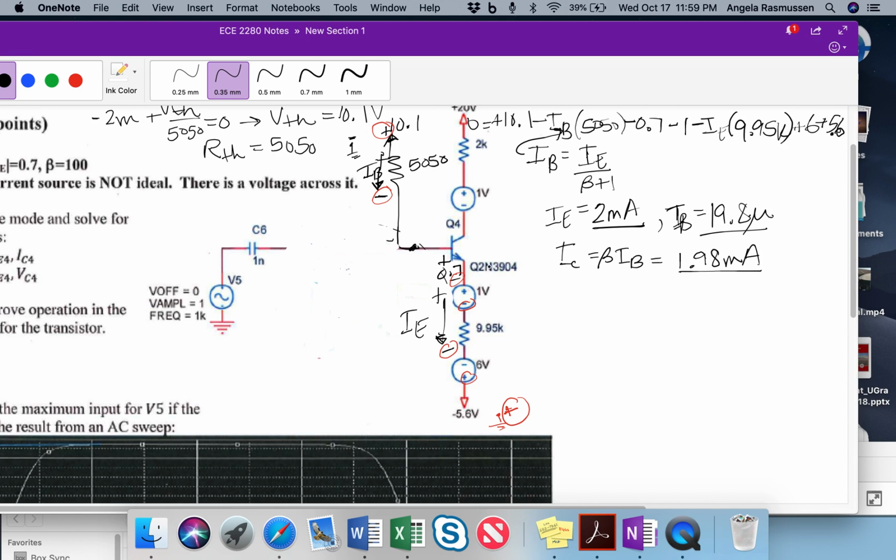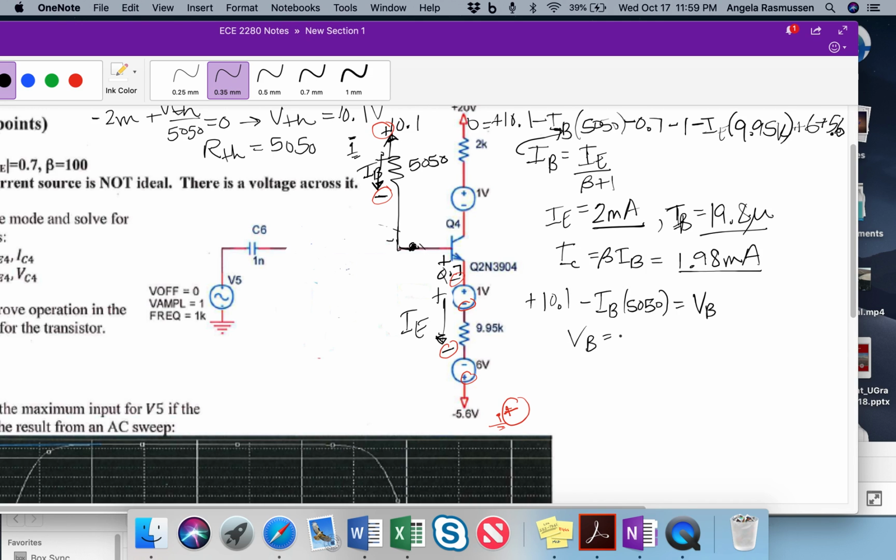The voltages can be found: VB is going to be plus 10 minus 10.1 minus IB 50/50, and that's equal to VB.